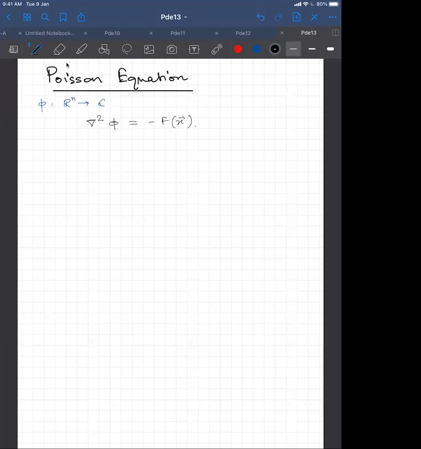So we want to construct the Green's function, and this is going to be a little less straightforward than what we did before, and Fourier transforms will not be used. Okay.